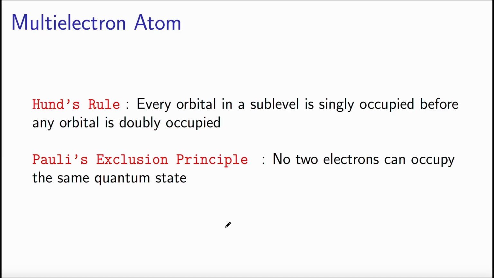Before that, we need to know two more rules. The first is Hund's rule. Hund's rule tells us that every orbital in a sublevel is singly occupied before any orbital is doubly occupied. We'll come to what it means.